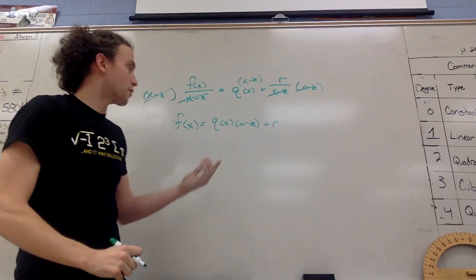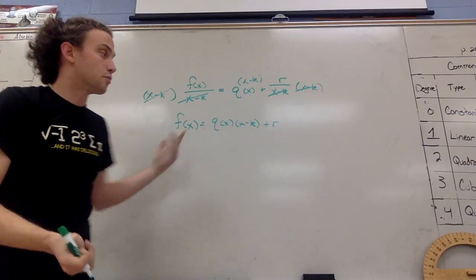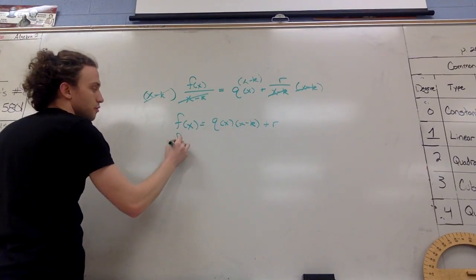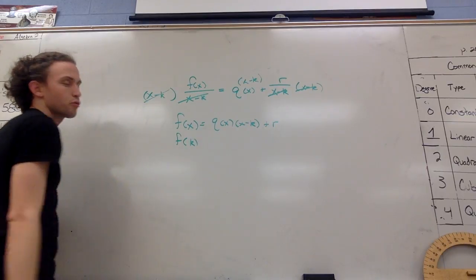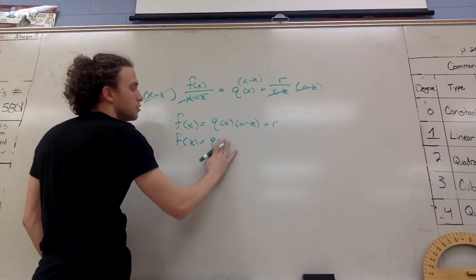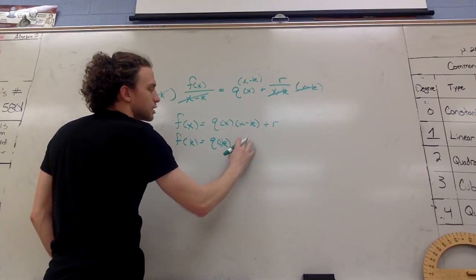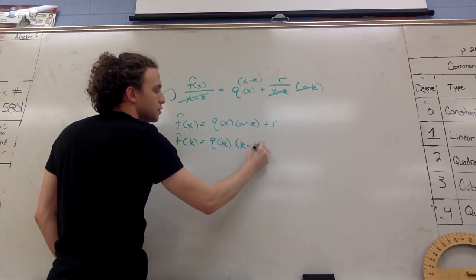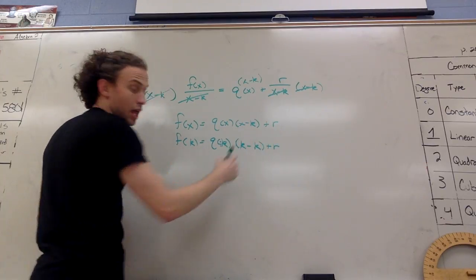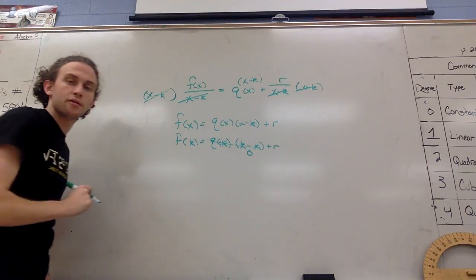Now, whatever value we plug in here, the k value we plug in here, we'll see what happens there. So if I have f of k now, not just some random variable x, I get q of k times k minus k plus r. K minus k is just 0, which is going to cross off that entire thing there.